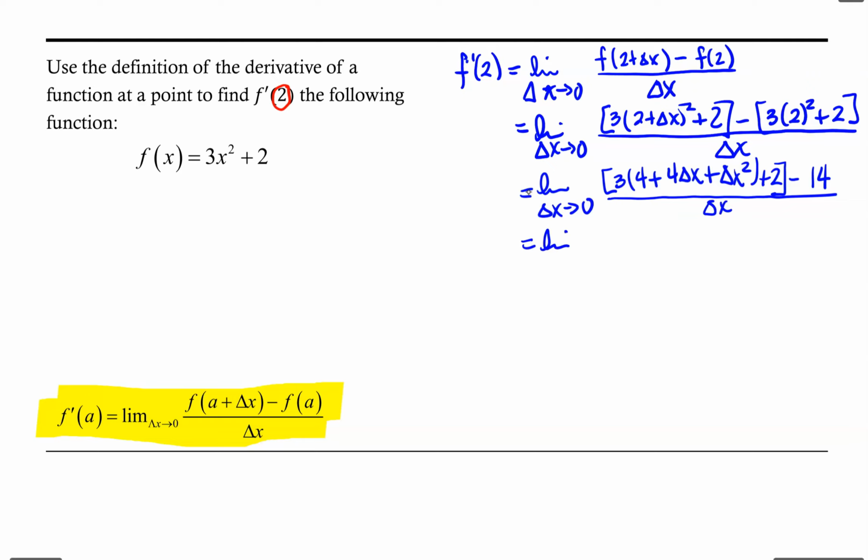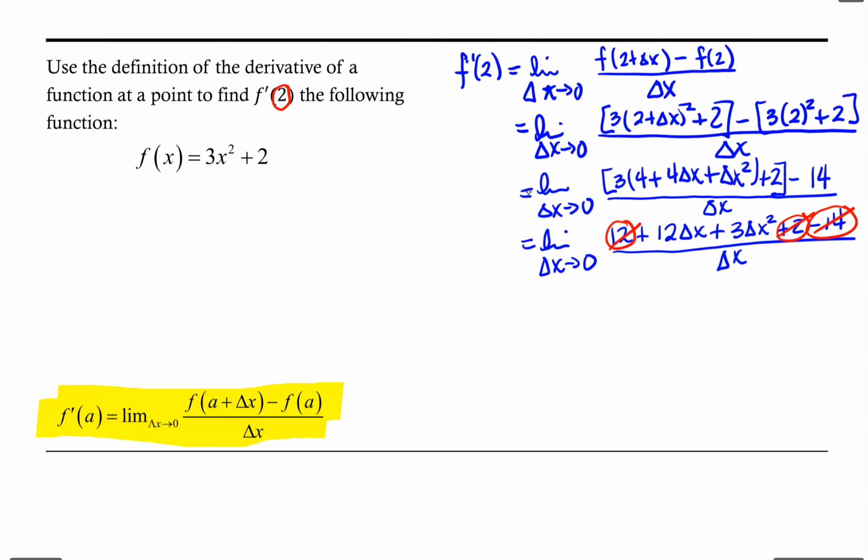Continuing, we have the limit as delta x approaches 0 of 12 plus 12 delta x plus 3 delta x squared plus 2 minus 14, all over delta x. Now, looking at this numerator, we see we have the constant 12 plus the constant 2 minus 14.